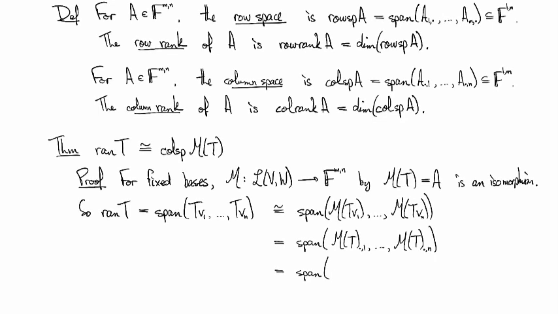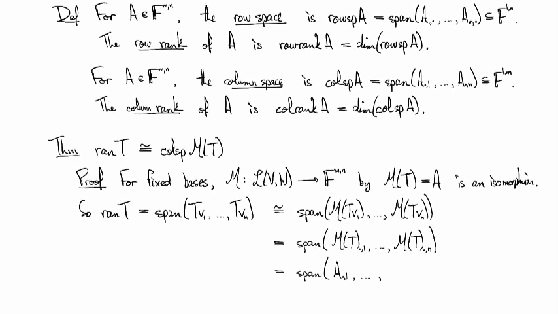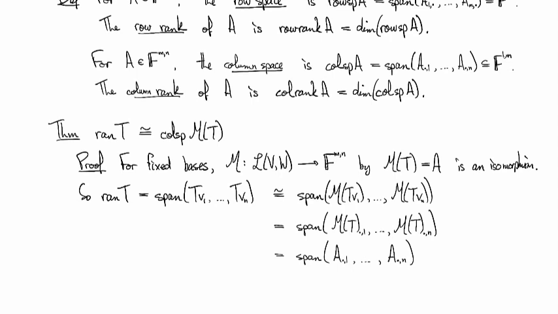And I'm basically done now, but just for really hitting it over the head with a hammer, beating a dead horse, whatever you want to call it, I'll write it back in terms of the A notation, so it looks like that. Okay, and so this last thing that we have here is clearly the column span of A.